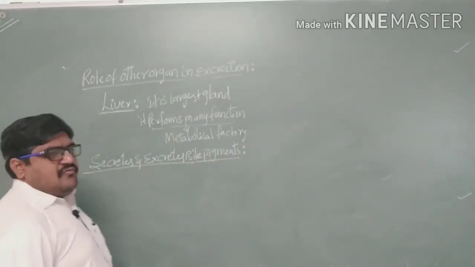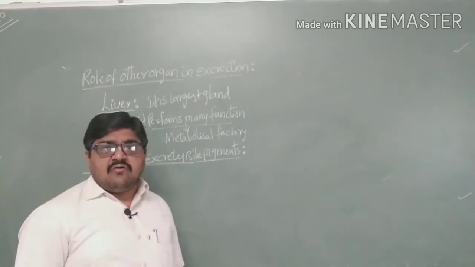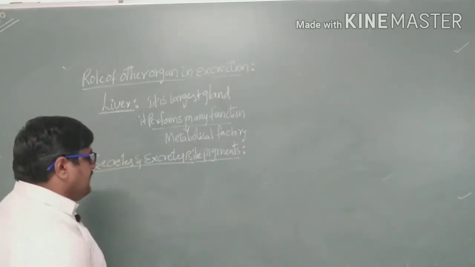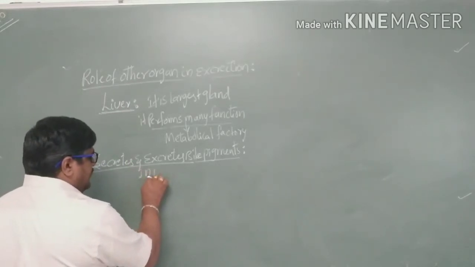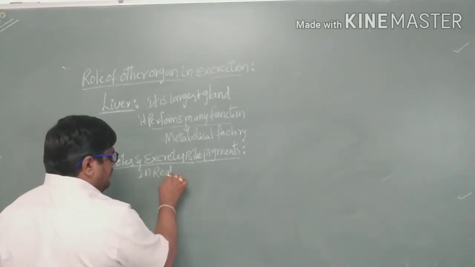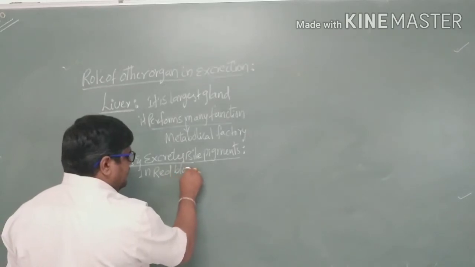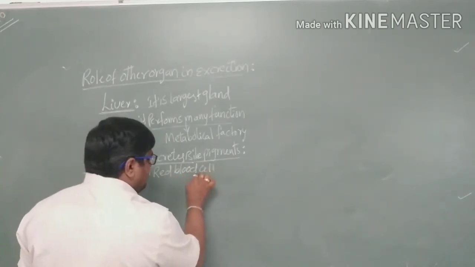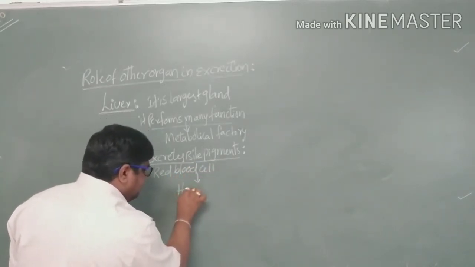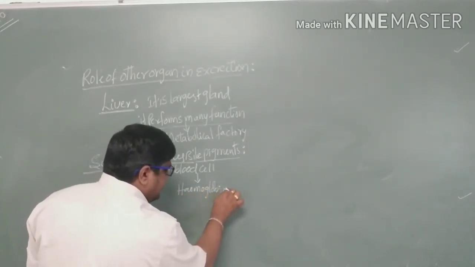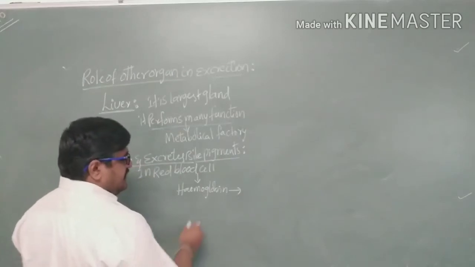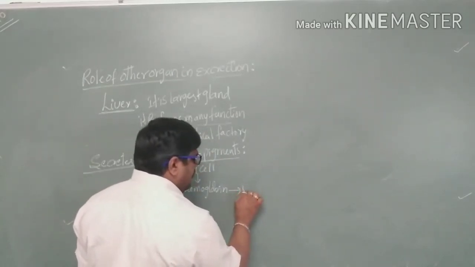When the hemoglobin in the red blood cells is worn out, that means when the lifespan of the red blood cell is completed, it is worn out.